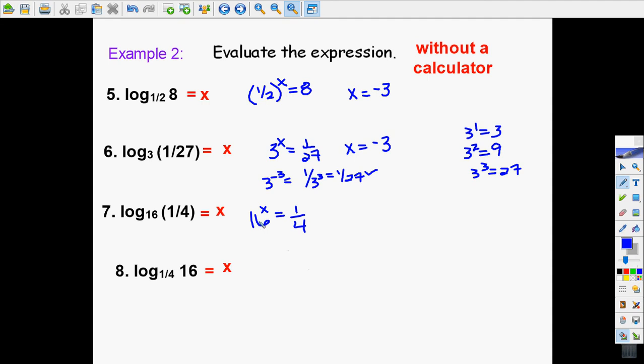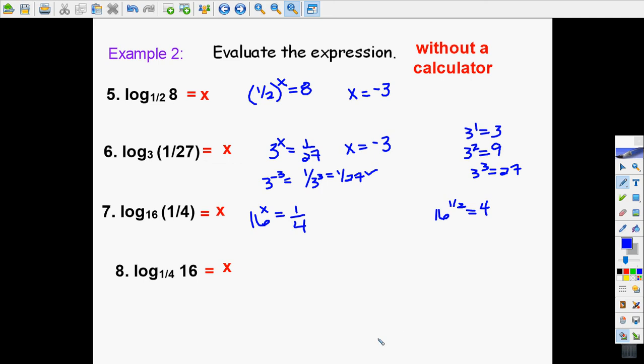So the only way to go from a whole number to a fraction is if the x is negative. So how do we go from 16 back down to 4? Well, the relationship between these two is if I take the square root of 16, I'll get 4. So if I take 16 and raise it to the 1/2 power, I'll get just the number 4.